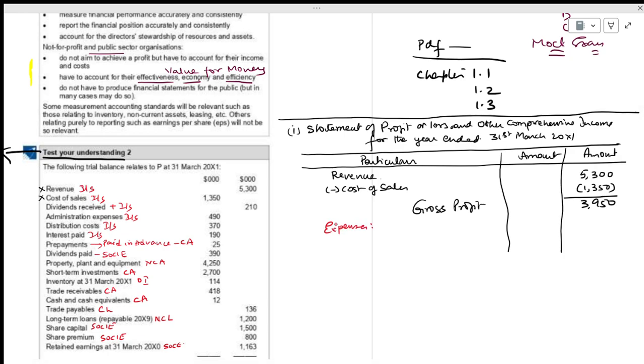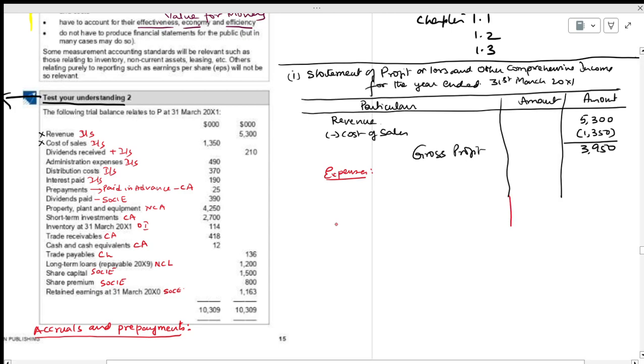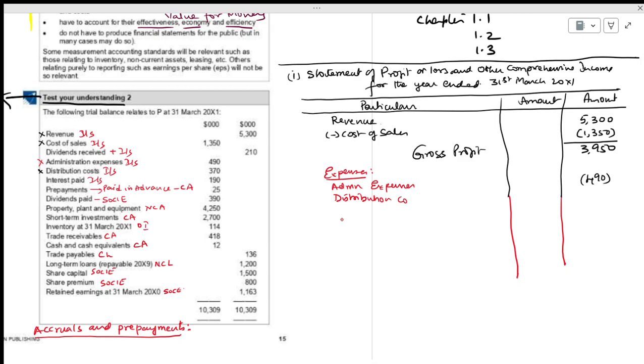What are the expenses? Administration expense, 490. Next, distribution cost, how much? 370.